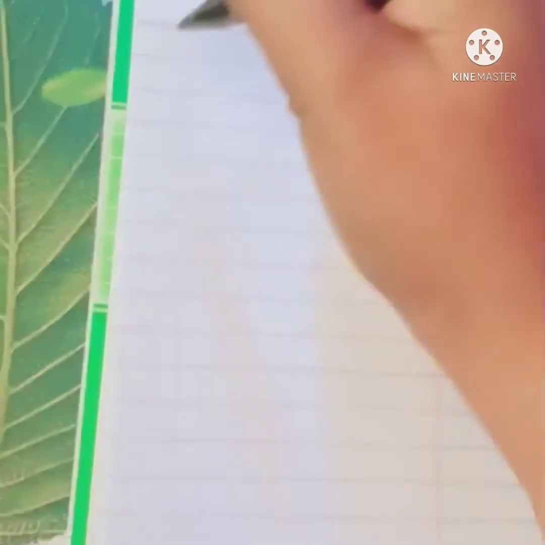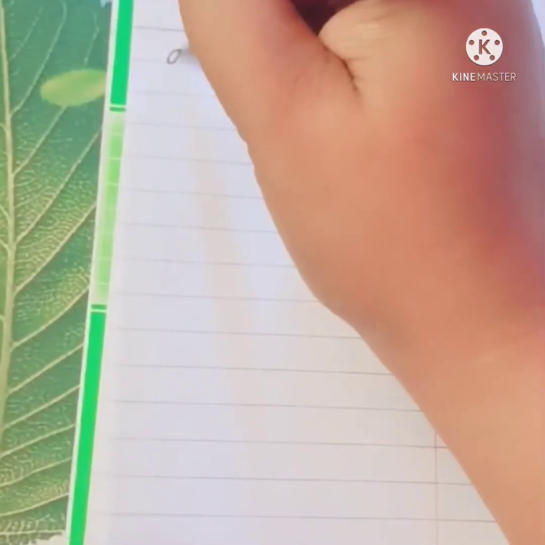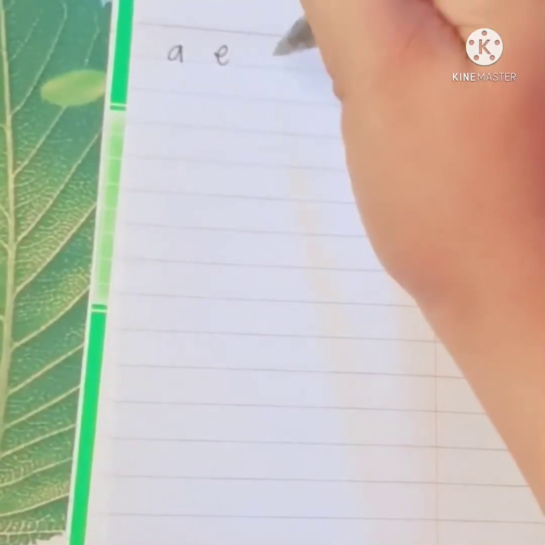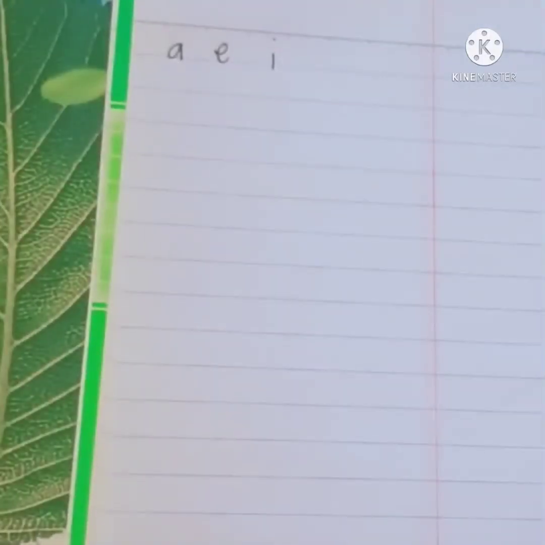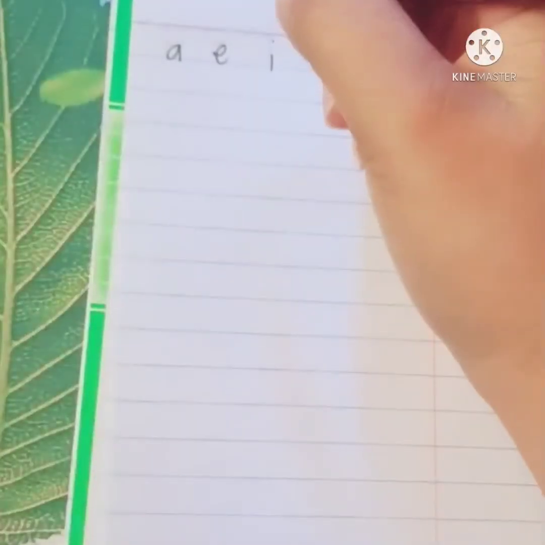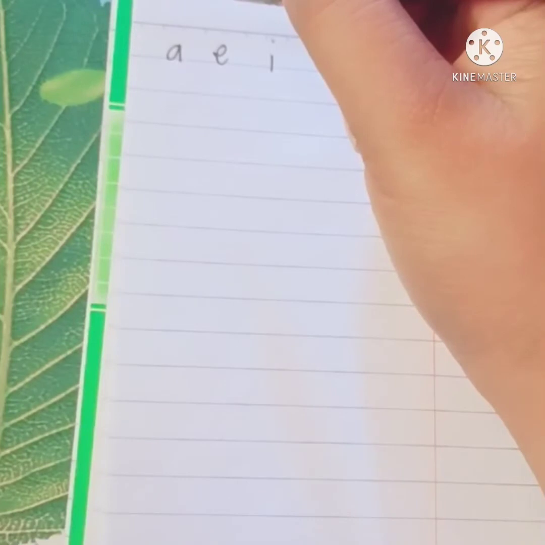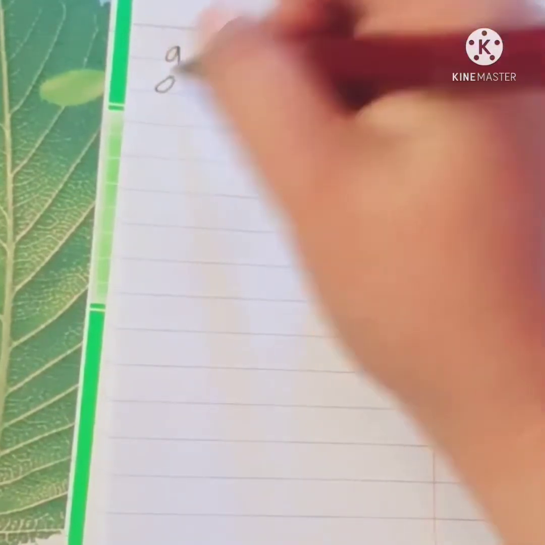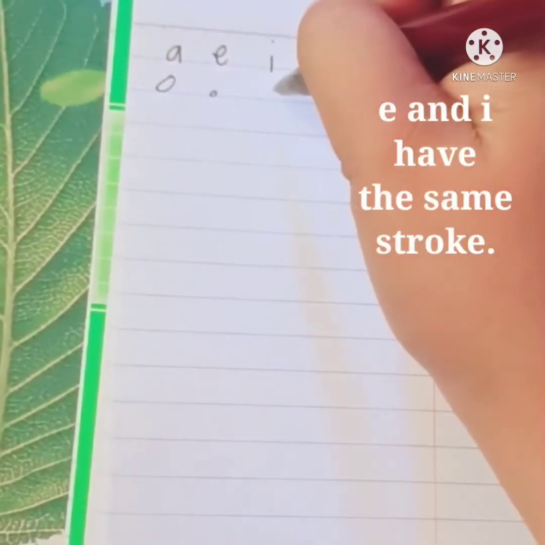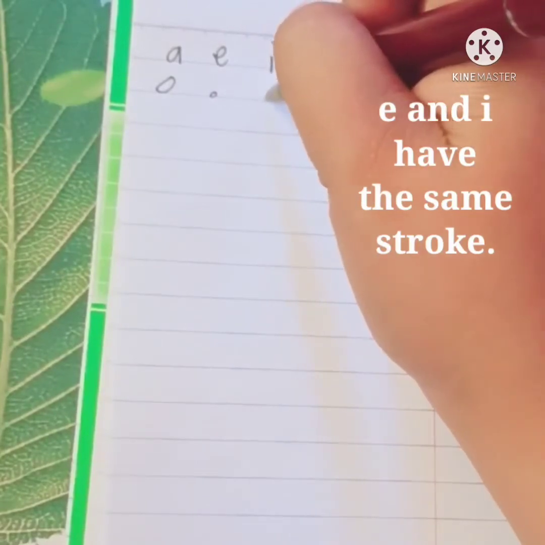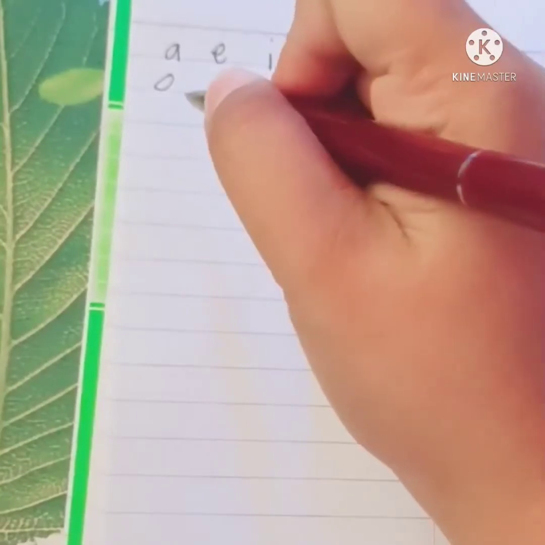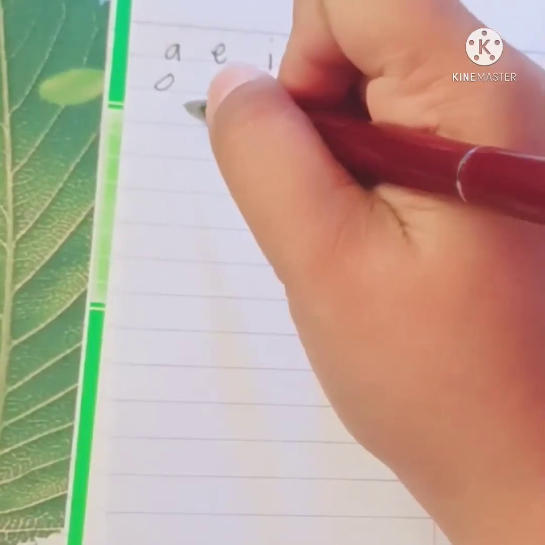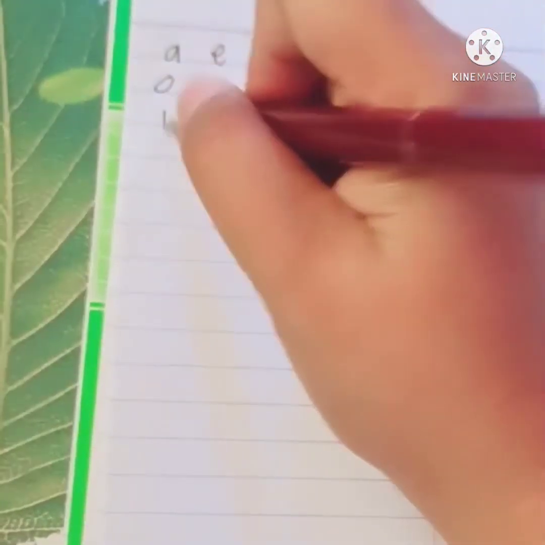Soft and hard sound of A, E, and I. So it's A, E, and E. The letter of this one is still the same as A, and then E. Let's have an example of A: has.